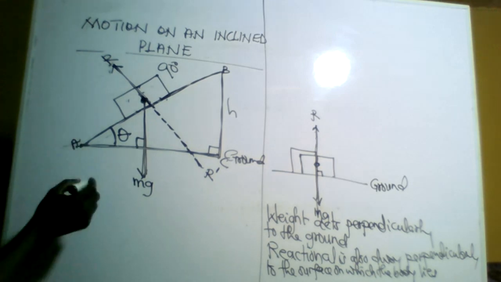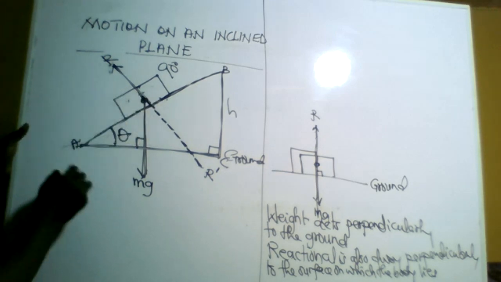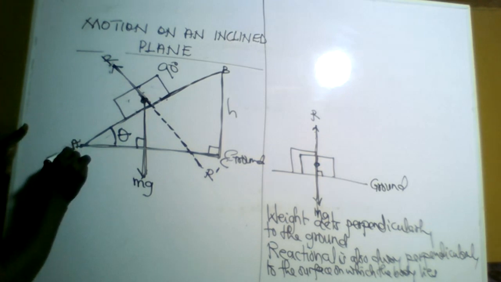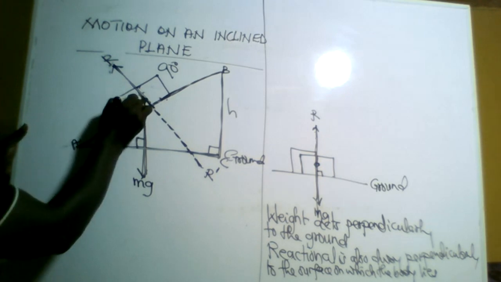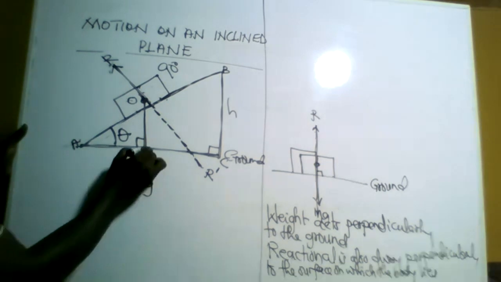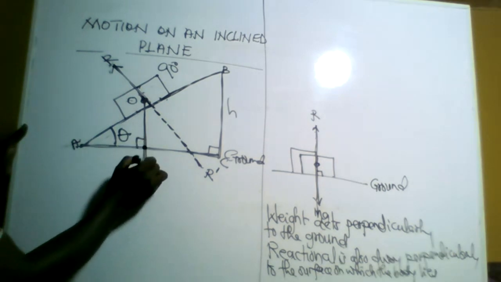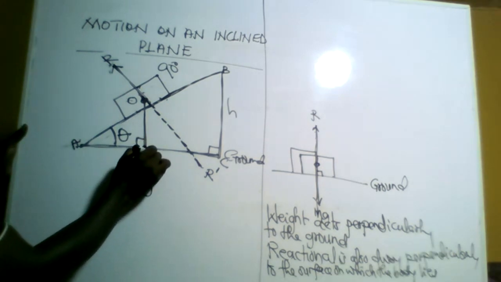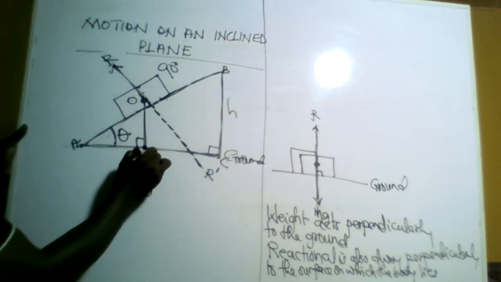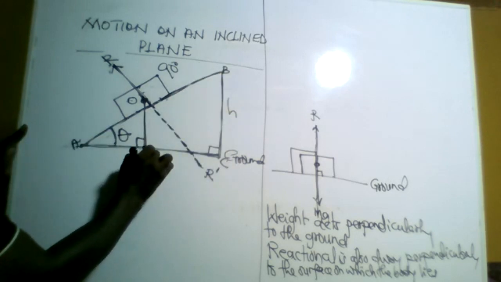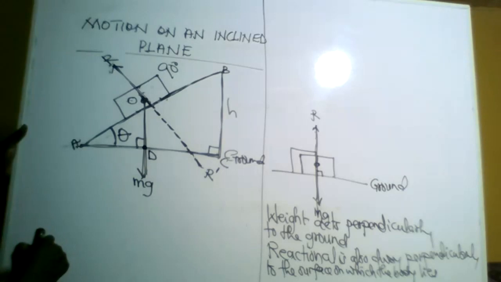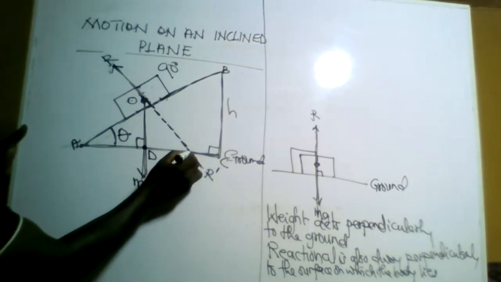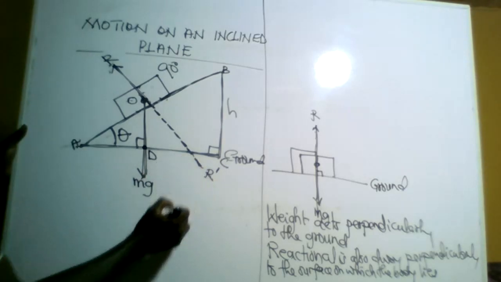Now I want us to label this point. We have this point as A. Let's label this point as O. This is BC here, so D. We have D here, and then this is R prime.